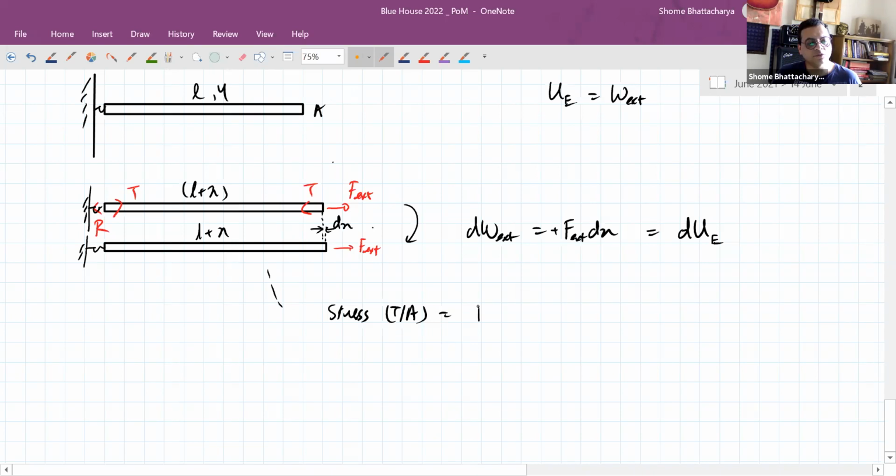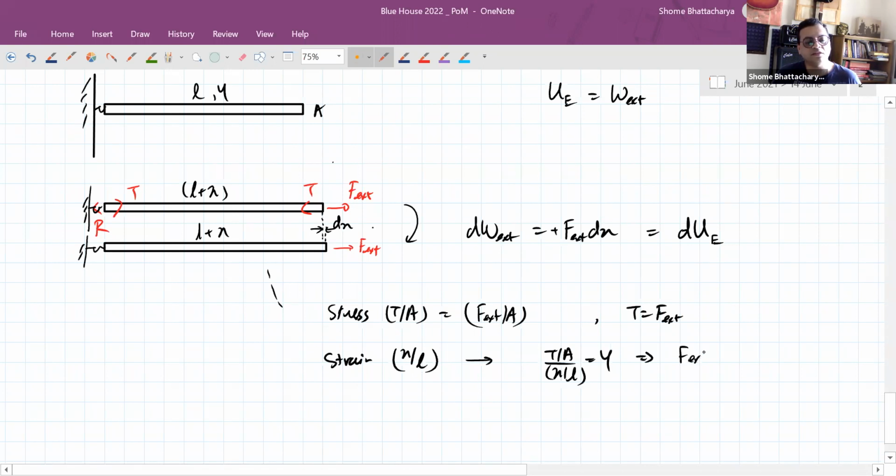Okay, so that is equal to F external divided by A, because the tension is balanced by the external force. Okay. So it is having a strain X by L, okay, such that stress upon strain should be equal to Young's modulus.